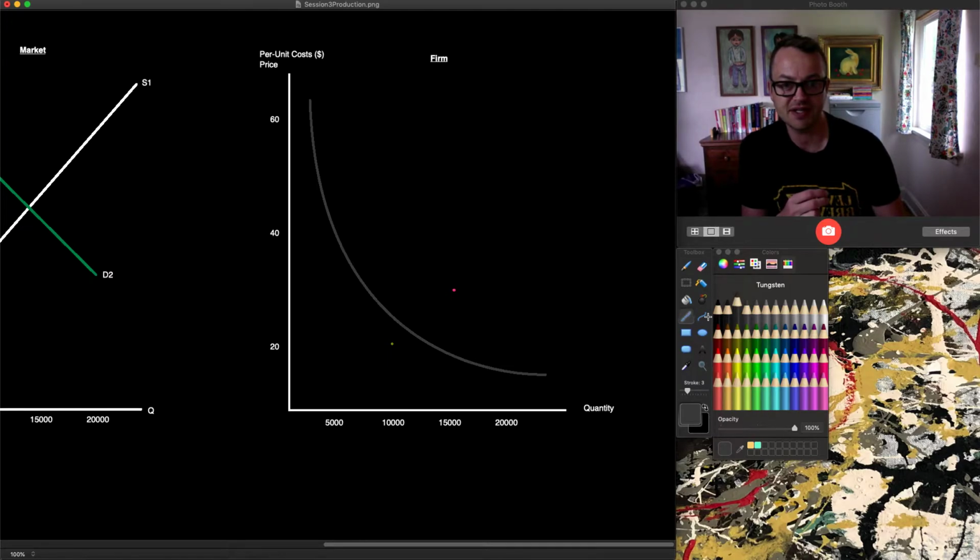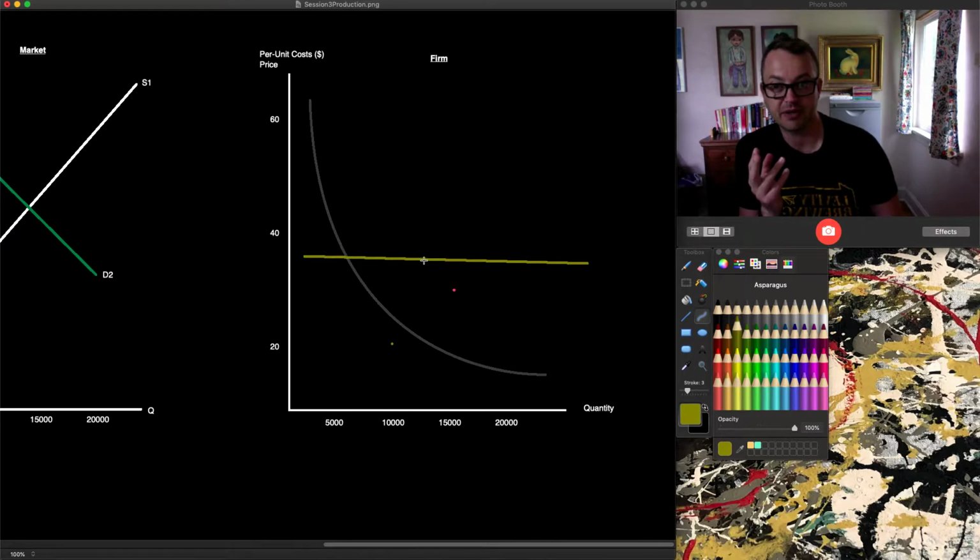Okay, second is average variable cost, AVC. And AVC has kind of 2 things going on, which I talked about also in the website. First, you have this part that falls at first.